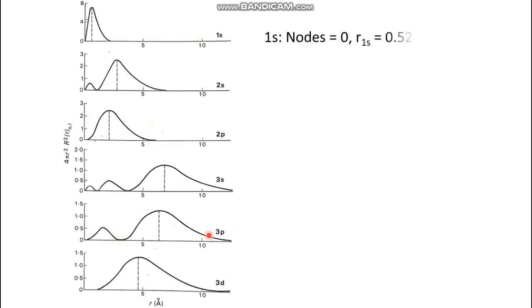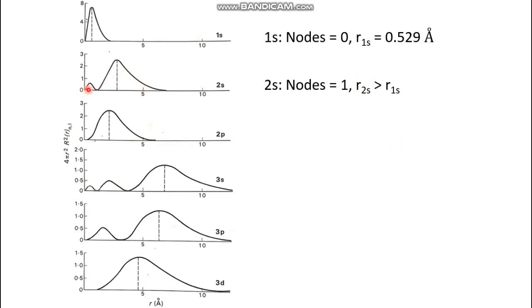Okay, so 1s has 0 nodes, and the radial distance of maximum probability is 0.529 angstrom, and this is known as the Bohr radius. For 2s, it has 1 node, and 2s has greater radius than 1s. So radius of 2s is greater than 1s.